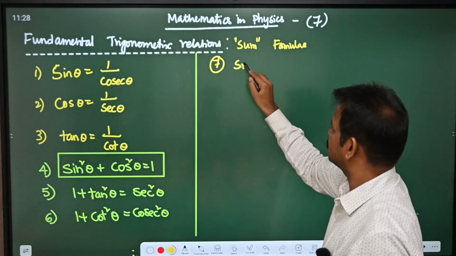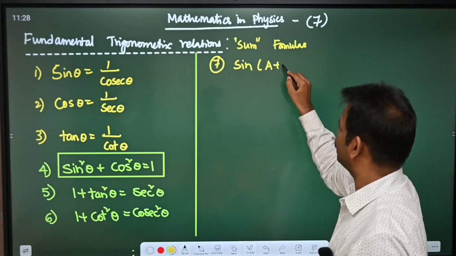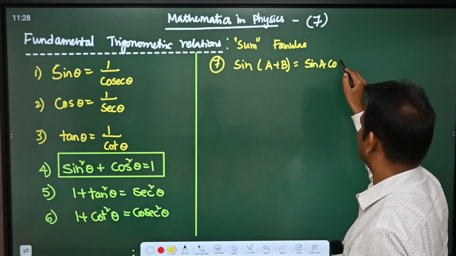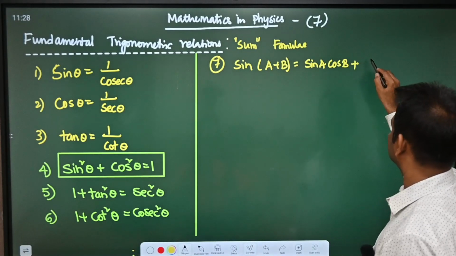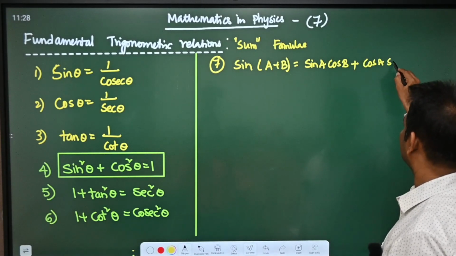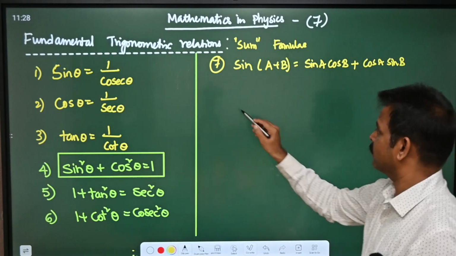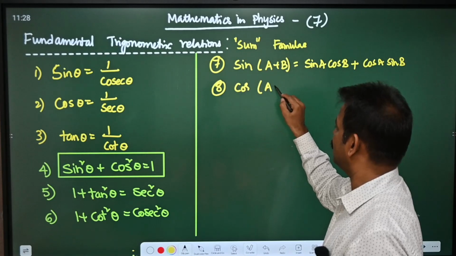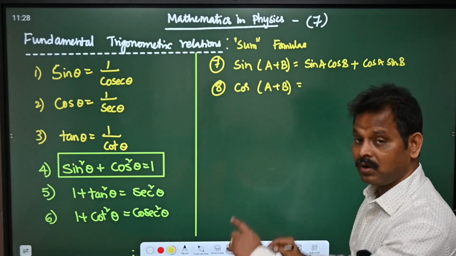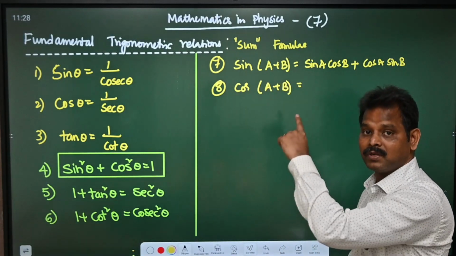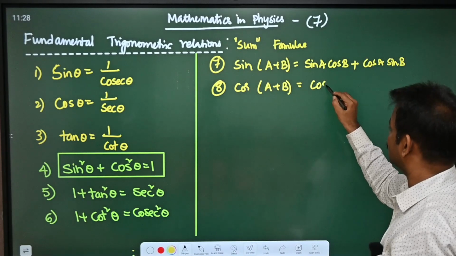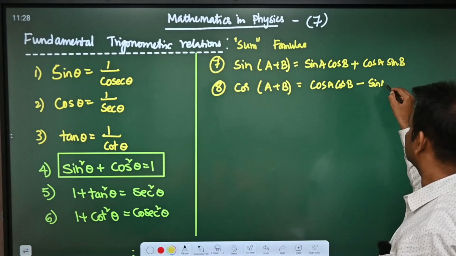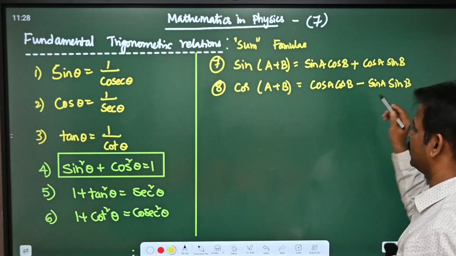First one, sin of a plus b will become sin a cos b plus cos a sin b. Next one, cos of a plus b, be careful, this is not similar to sin of a plus b, this is cos a cos b minus sin a sin b.